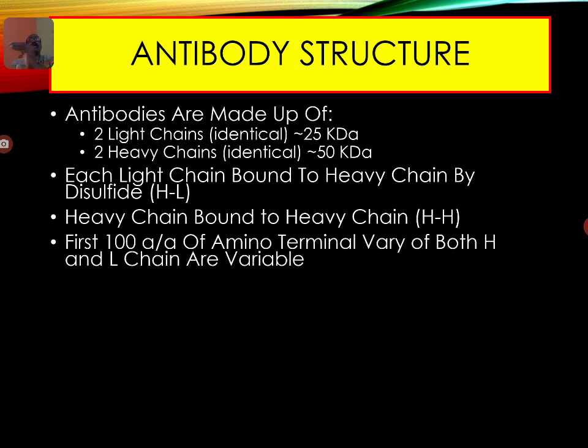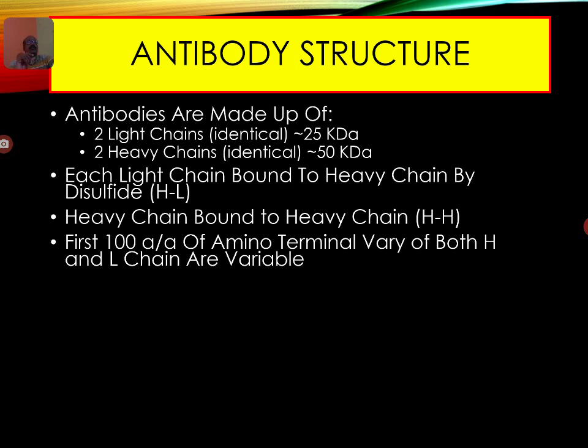The first 100 amino acids at the amino terminal of the Y, that is, in the fork region, you can see this is called the amino terminal. In that region, both heavy and light chains are variable region, because this region has different varieties of amino acid sequences.